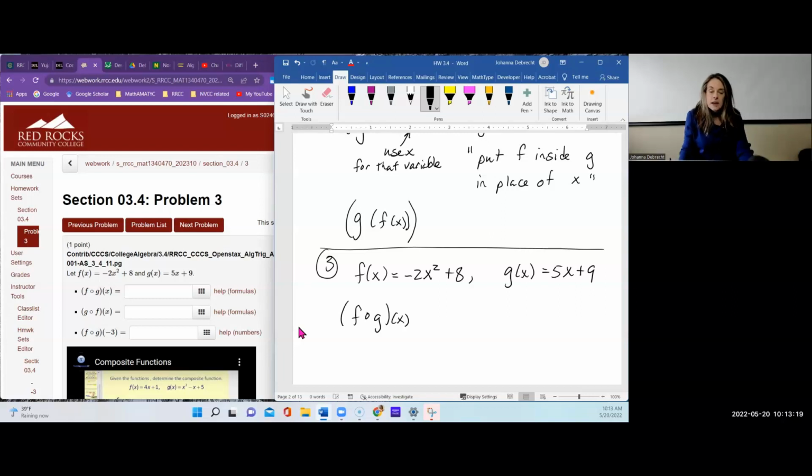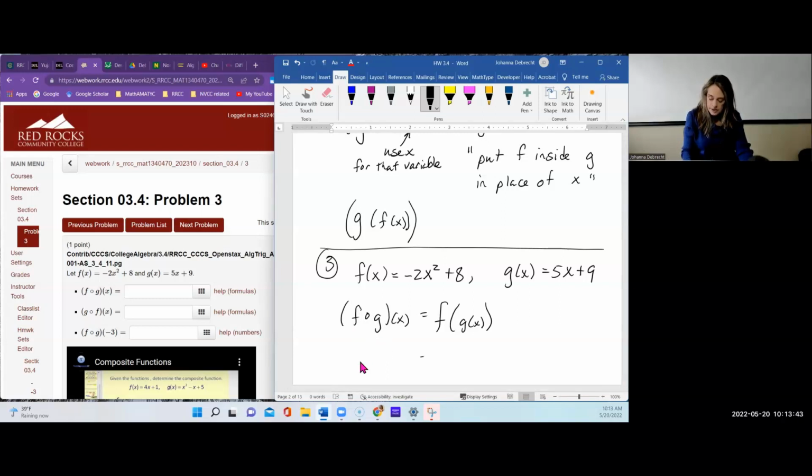That means compose f with g, use x for the variable, or we could write f of g of x. Notice that the g is completely contained inside of the f, meaning g is the inside function, f is the outside. The one written first is outside, the one written second is inside.